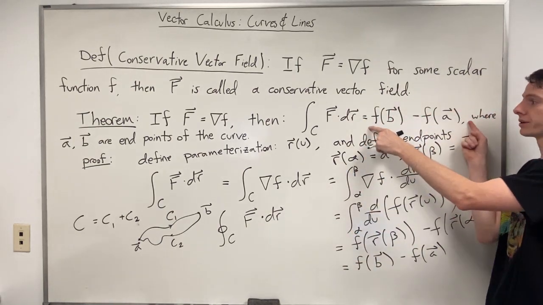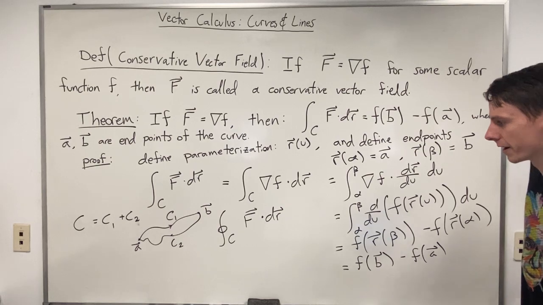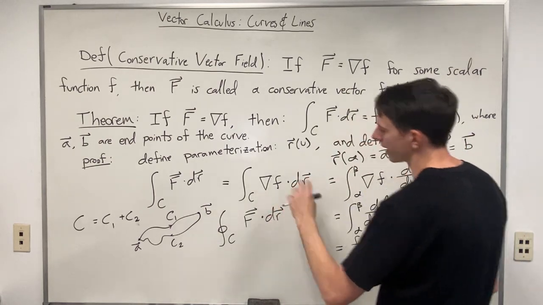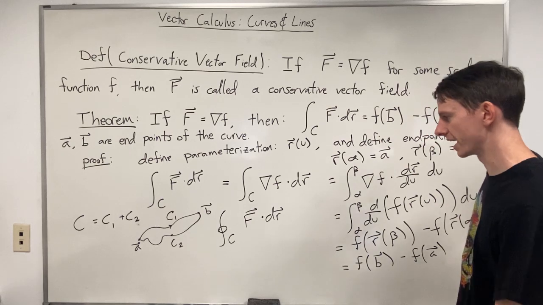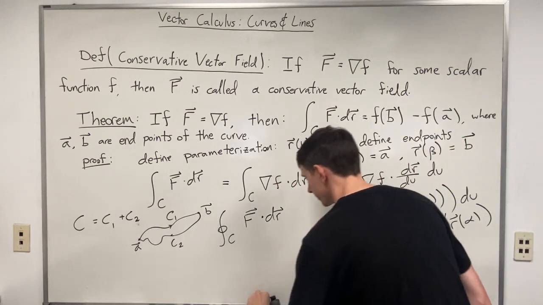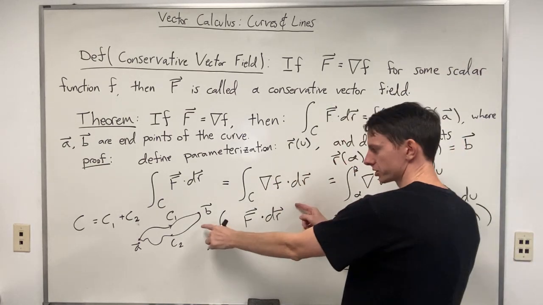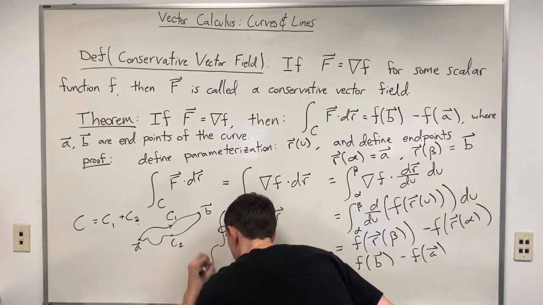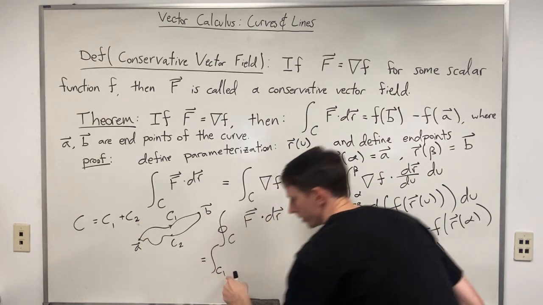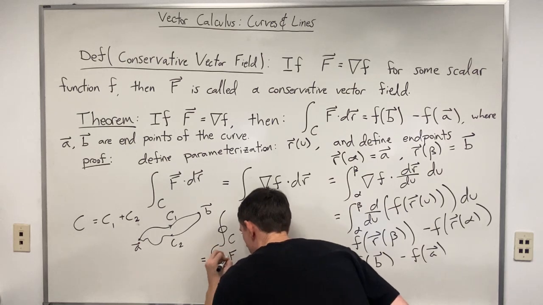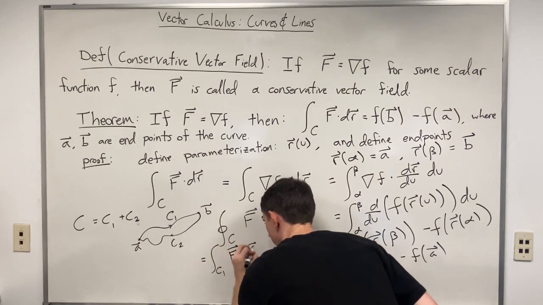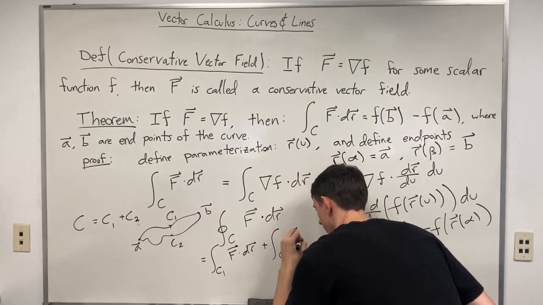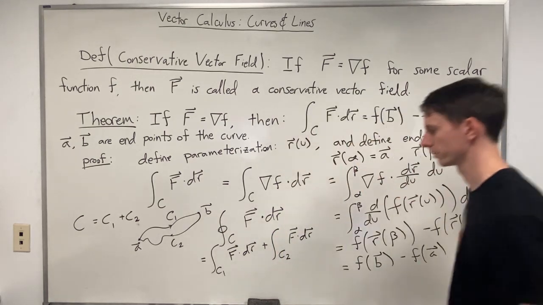That's just given by this theorem, right? It's just f of b minus f of a. Or let me at least first, or it's f of the starting point minus f of the ending point. To make this clear, what I'm going to do is I'm going to say that this closed loop integral is in fact the sum of the line integral over C1 f dot dr plus the integral over C2 f dot dr, like this.